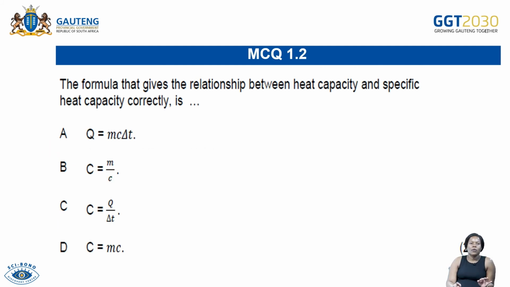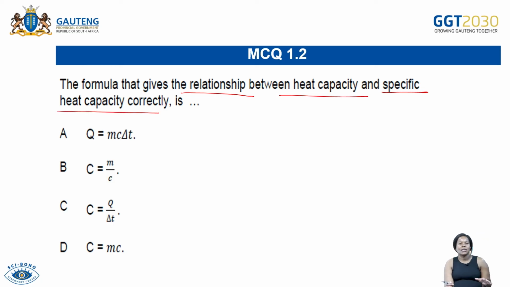Then we look at multiple choice question 1.2. It says the formula that gives the relationship between heat capacity and specific heat capacity correctly is: option A, Q equals mc delta T, B, C equals m divided by c, option C, c equals Q divided by change in time, and D, C equals mc.